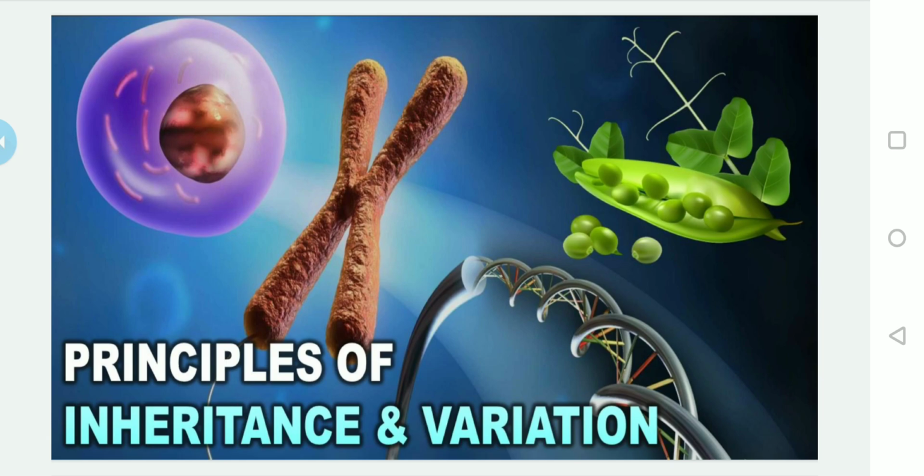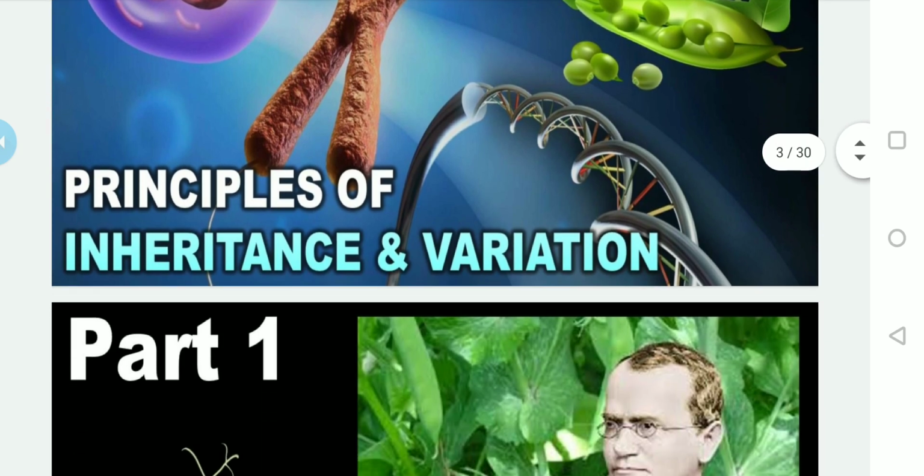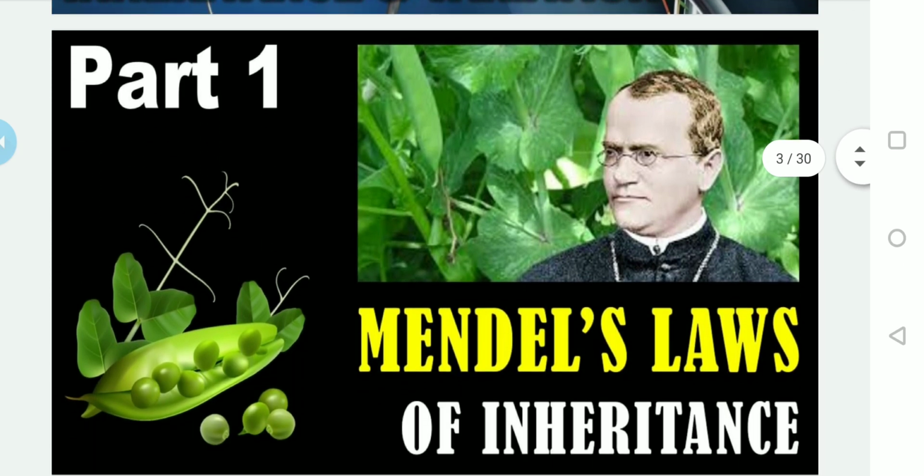Okay, so let us start with the discussion of the chapter, principles of inheritance and variation. You know who is he? He is called Gregor John Mendel, the one who is called the father of genetics.